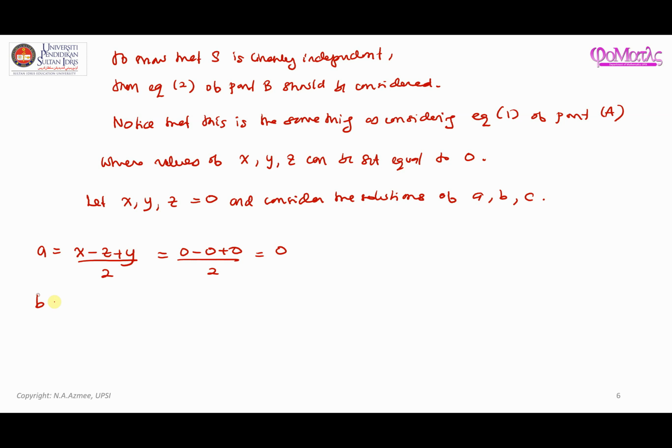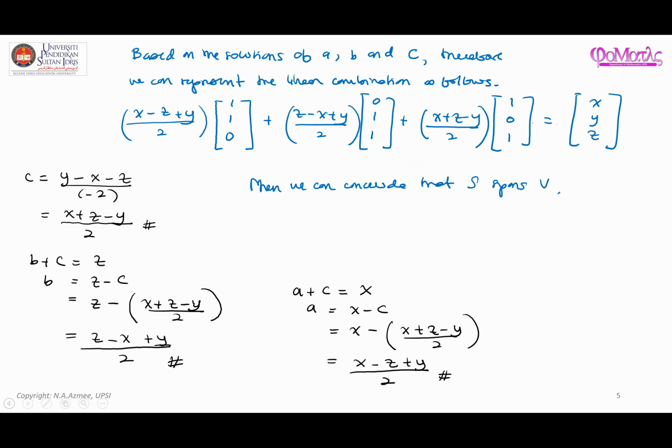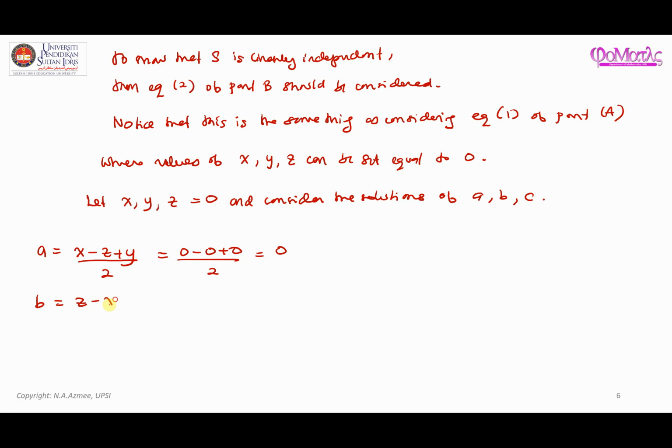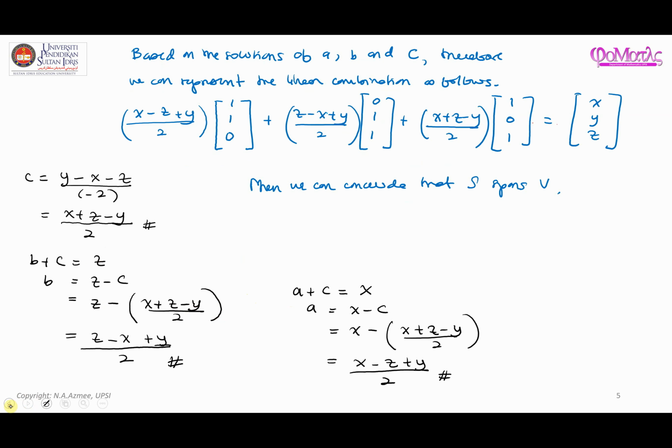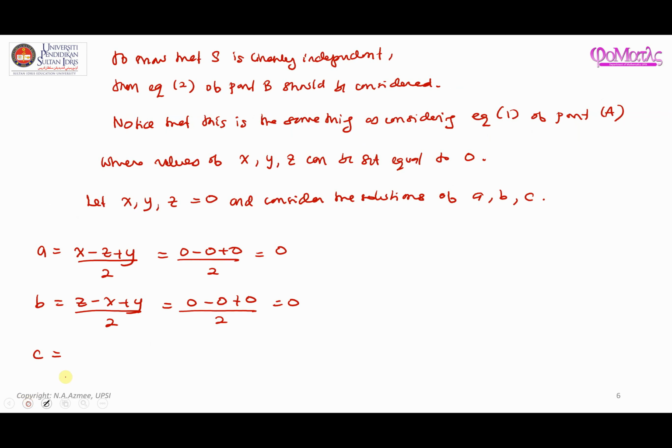B is z minus x plus y over 2, and again we just substitute the values of 0 into it. B is also equal to 0. Finally, C is x plus z minus y over 2, and if you substitute these values as 0, the value of C here is going to be 0.